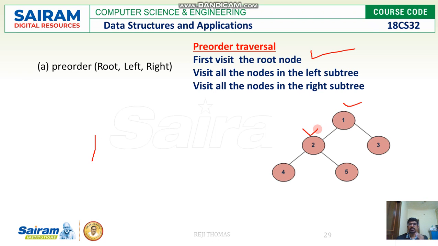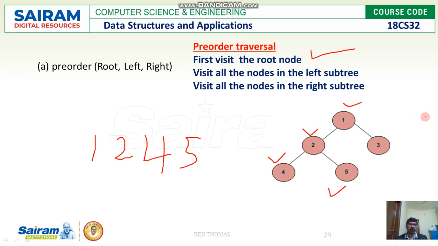Make sure that even for the left subtree you visit in pre-order. So first you have to visit the root, which is 2. Then you have to visit the left for this, which is 4. So you have to visit 2, then we have to visit 4. Once it is done, you have to go with the right subtree for this. So right is going to be 5.